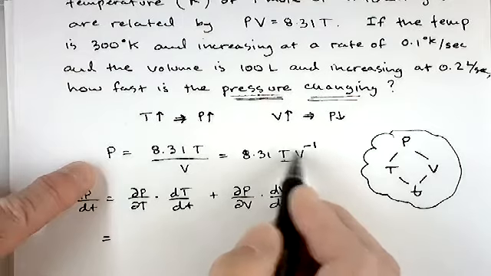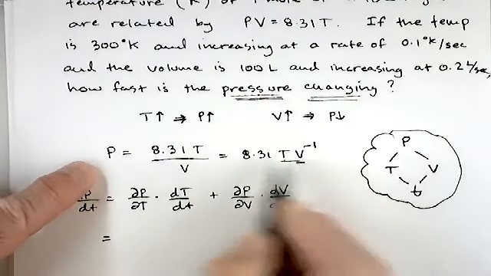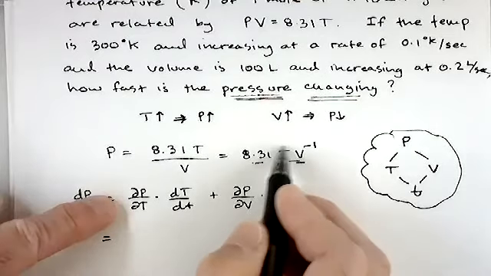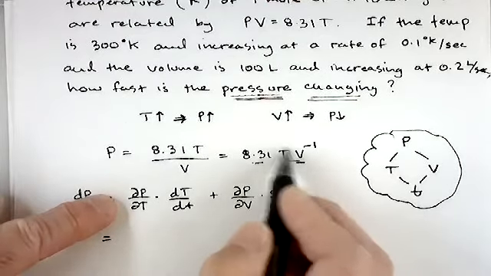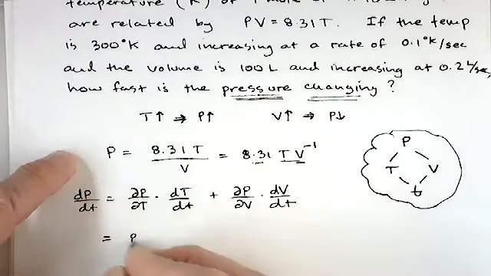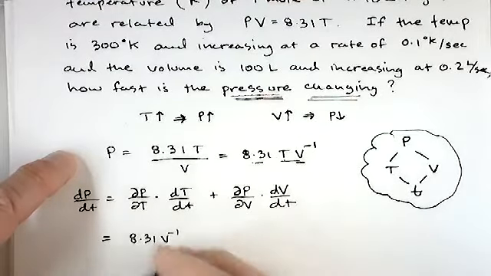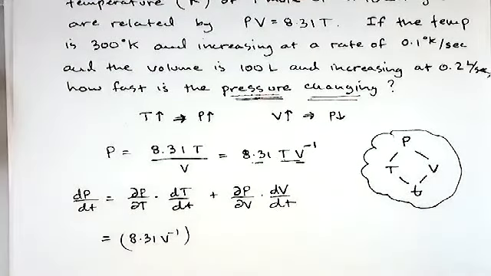And I don't even need a product rule, right? If V is constant, that's a constant. The derivative of this with respect to T is just going to be, my constants come down, 8.31 V to the negative 1, and the derivative of T is just 1.